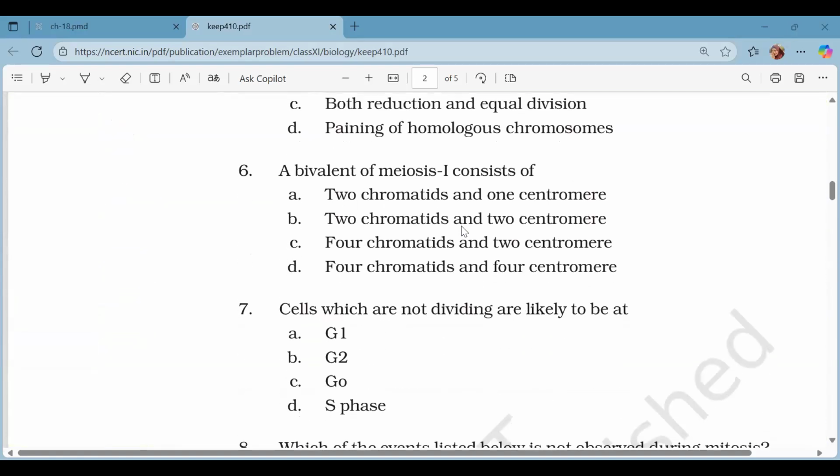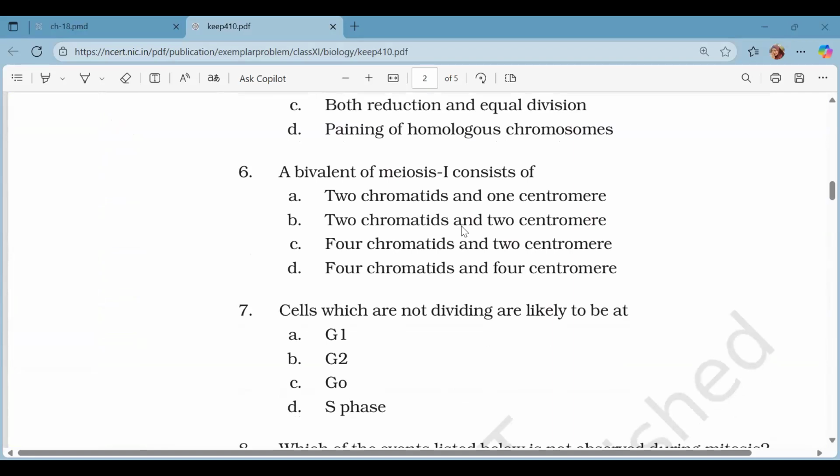A bivalent of meiosis 1 consists of four chromatids and two centromeres. Very good. Four chromatids because we're talking about bivalent, right? Univalent would have been 2 chromatids and 1 centromere. But here there are going to be 4 chromatids and 2 centromeres, meaning 2 chromosomes.